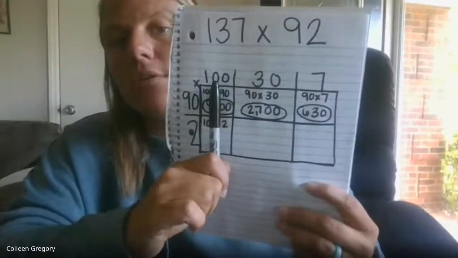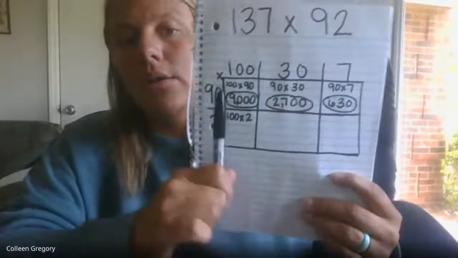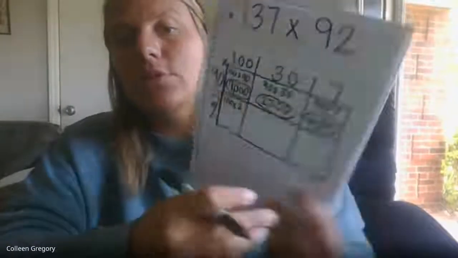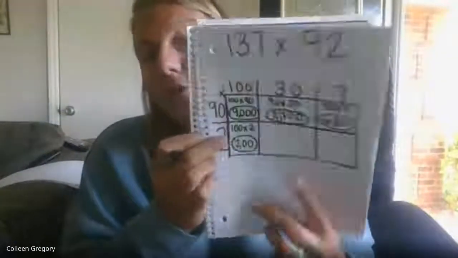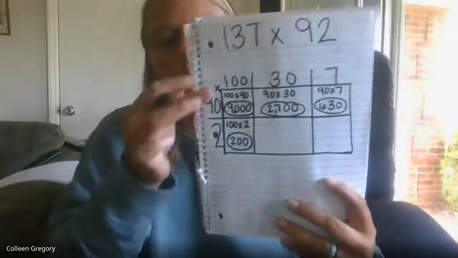So there's 2 zeros right here holding a place value, and there's none over here. So I'm only going to use these 2 zeros. So 100 times 2 is going to be 200. And I'm going to circle my product. Okay, and I'll explain why I circled all these products when I'm done solving the rest of the problem.